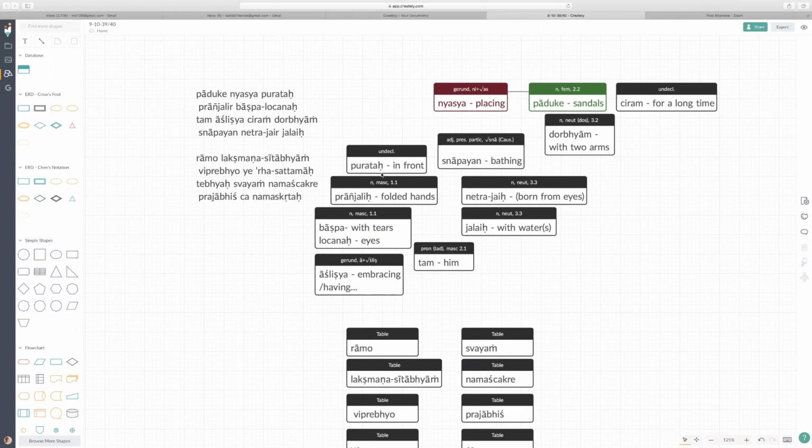Bharata. Yes, I think so also. So let's mention him in brackets. Bharata. So it was Bharata.